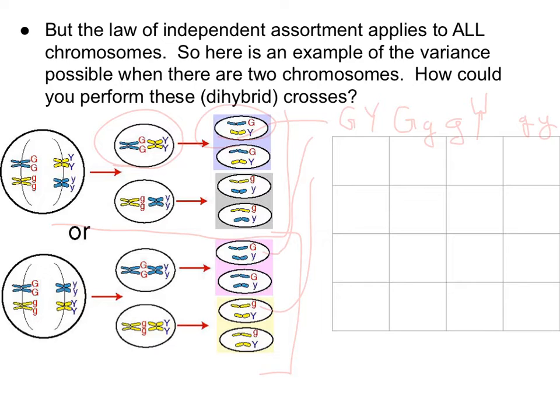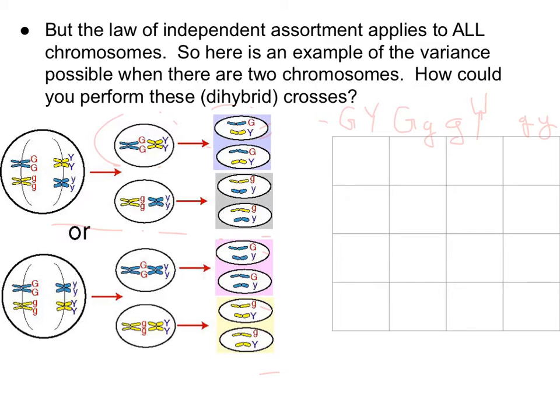These are all of the possible combinations from one organism. When this organism undergoes meiosis, any of these could be possible.